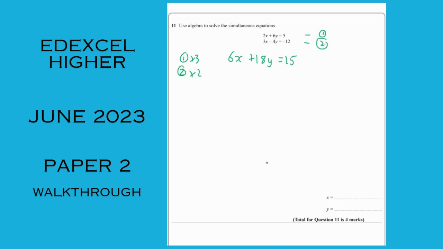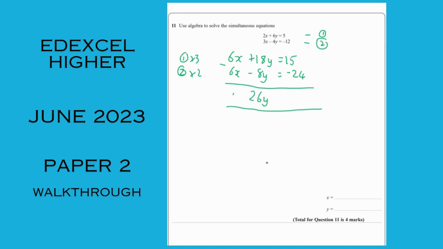So 6x minus 8y minus 24. Because I've chosen to make the x's the same, they're both positive, so it's same sign, subtract. They disappear. 18y minus negative means plus. 15 minus minus means plus.